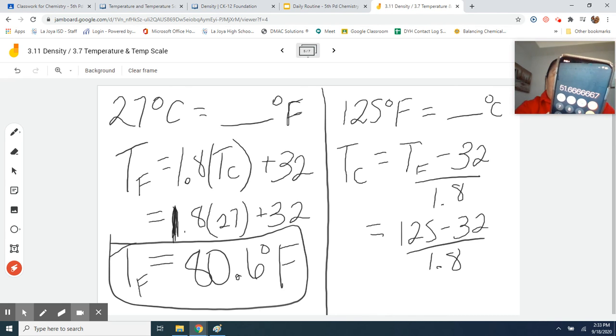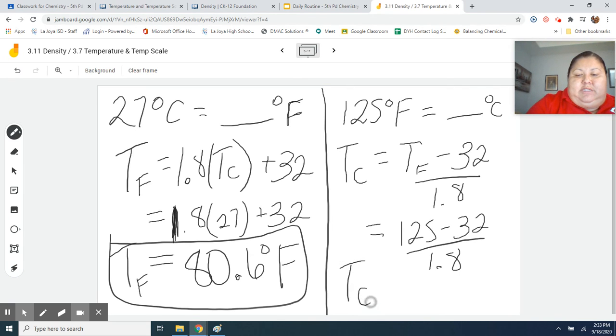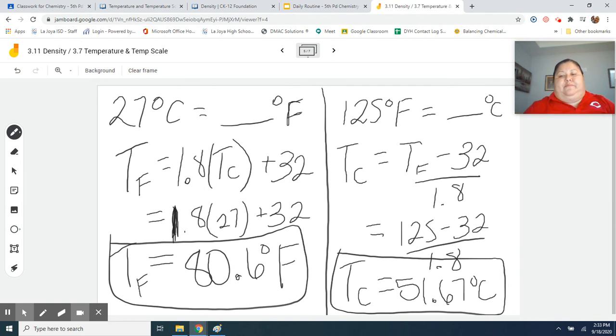And look at that. We get 51.66 or 51.67 if we round correctly. So temperature in Celsius, our final answer, 51.67 degrees Celsius. And of course, we box it up.